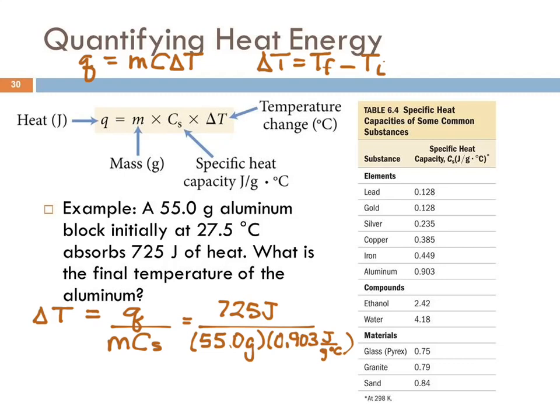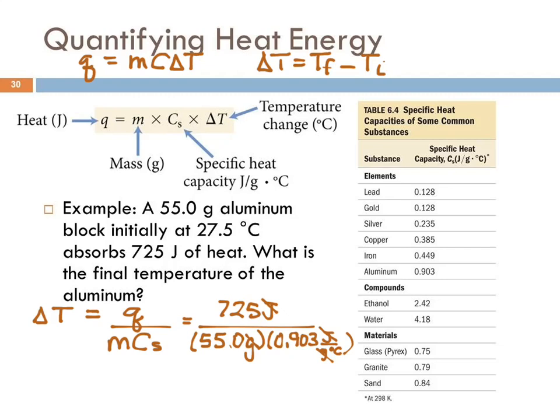And then we will look at that and make sure that our units are okay, because they'll try to trick you, won't they? They'll put one of these in calories, or they'll give you this in pounds or something crazy and make you convert units before you can actually use the equation. That's why you always want to put the units in and make sure that everything's going to work out okay. And here we're fine. Joules are going to cancel out, grams are going to cancel out, and we're going to end up with degrees Celsius, which is what we want.